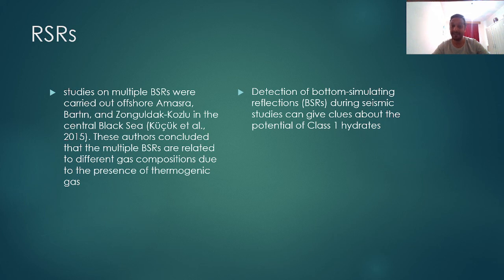Also, the detection of the bottom simulating reflection during systematic study can give a clue about potential of class 1, which is the first type of gas hydrate.